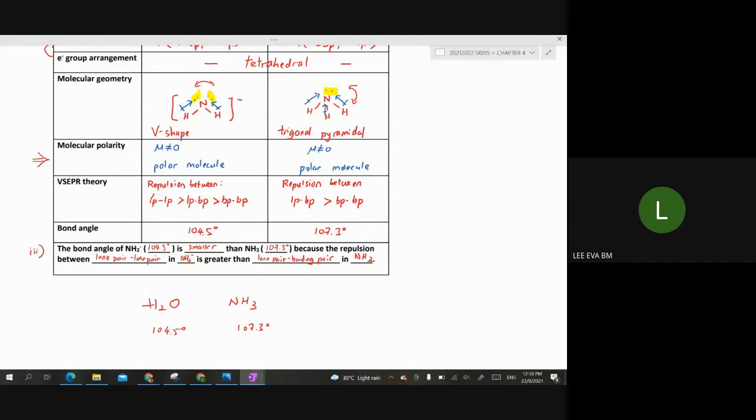Is that okay for you? Dekat sini madam bagi fix sebab kita nak buat comparison. Tapi kalau dia individu NH2 negatif, awak tulis kurang daripada 109.5, okay. Faham. Alright.